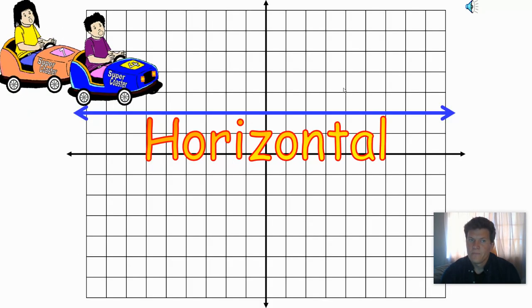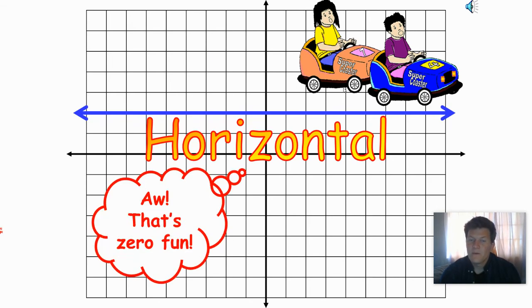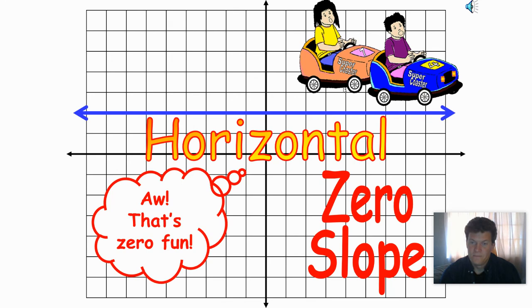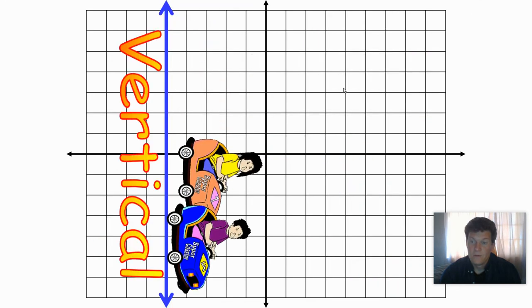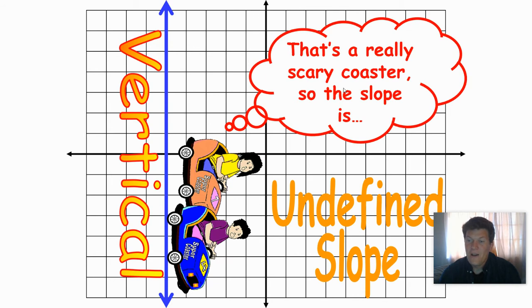Well, since it's zero fun, it's just completely horizontal, it's boring, that has a slope of 0. Completely vertical, huge, scary crash right there. It's undefined. We are so scared on this type of roller coaster, we can't even define it. It's an undefined slope.